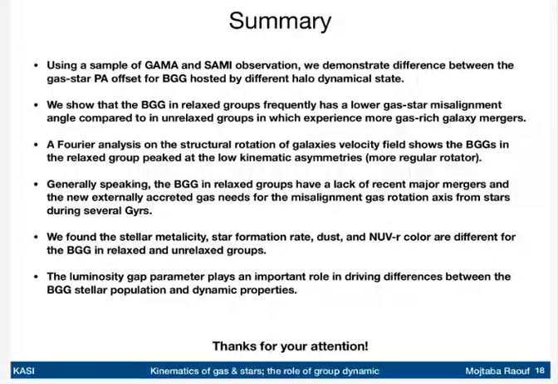The final slide is a summary of the main points of my talk. We used the SAMI and GAMA observations to demonstrate the difference in the gas-star position angle offset for the BGGs located in different relaxed states of galaxy groups, which shows that relaxed groups frequently have a lower gas-star misalignment angle compared to the unrelaxed systems, which matches what has been measured previously in gas.